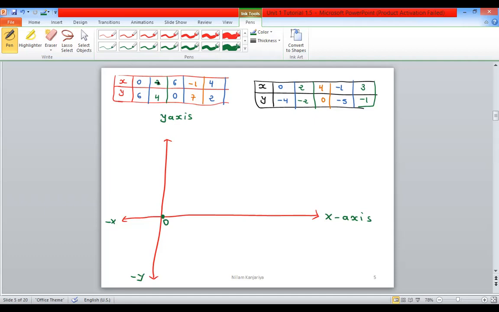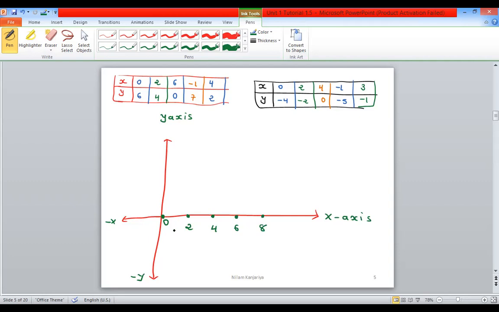Look, your x is between highest 6 and lowest -1. So I can take the 2 point: 2, 4, 6 and 8.